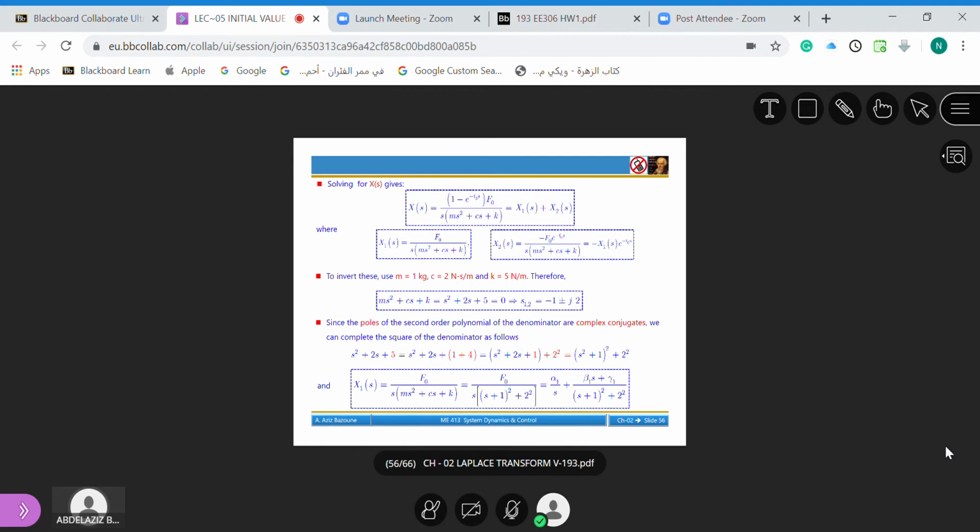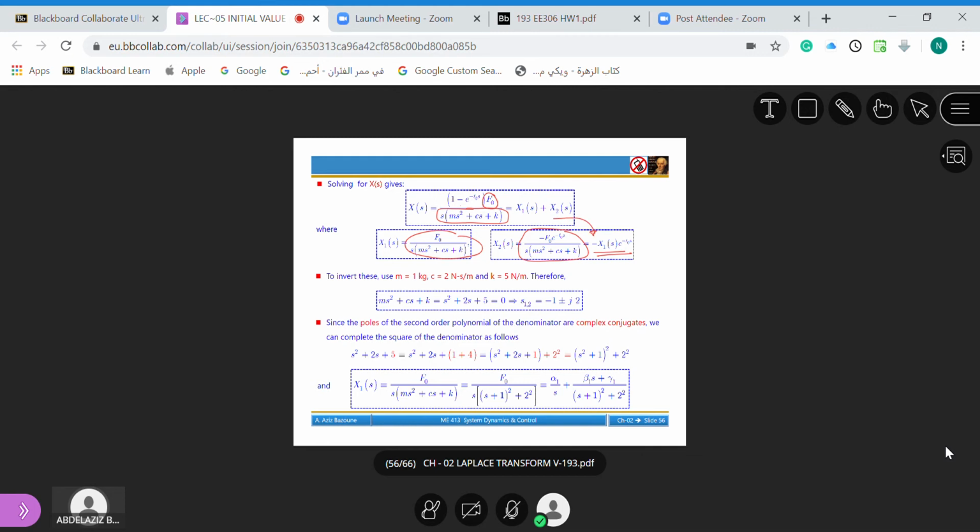This can be written in this form: f0 divided by s (m s squared plus c s plus k), which we are calling x1, minus the same term multiplied by exponential minus t0 s, which is x2. So x2 is minus x1 times exponential minus t0 s.